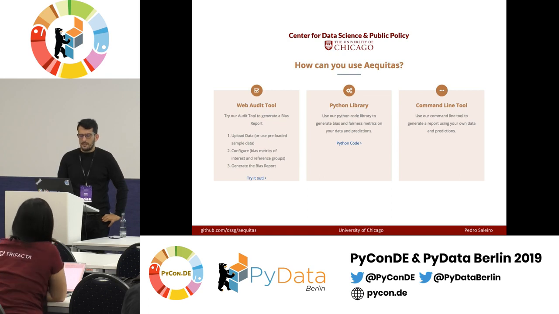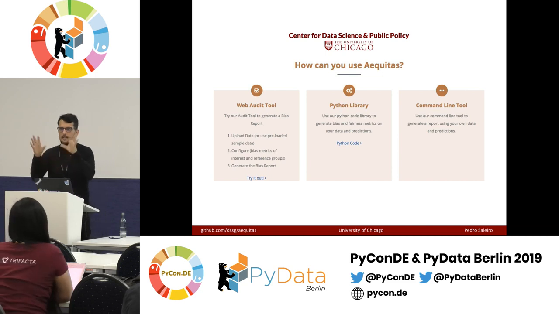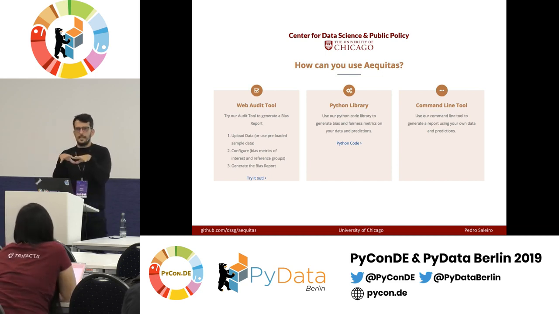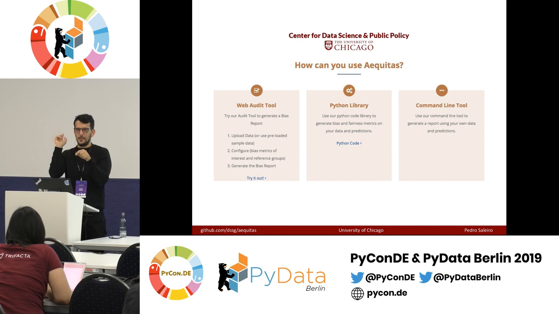How can you use it? It's a web audit tool for non-technical people. You can install it locally, and it's a local website where people can upload a CSV with predictions, and they can click and get the results of the bias report. There is the Python library, which you just use on your notebooks or wherever, you just import it and audit a specific model.